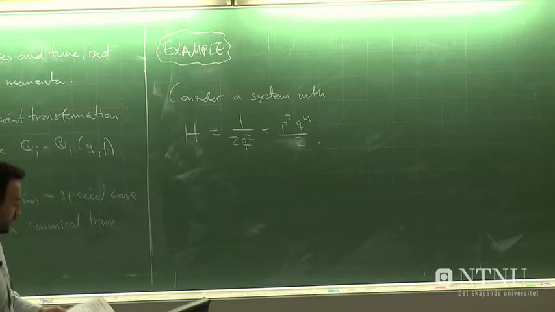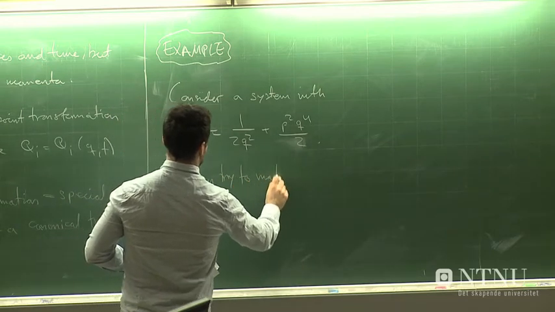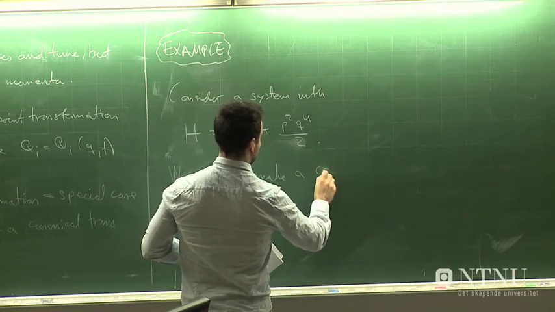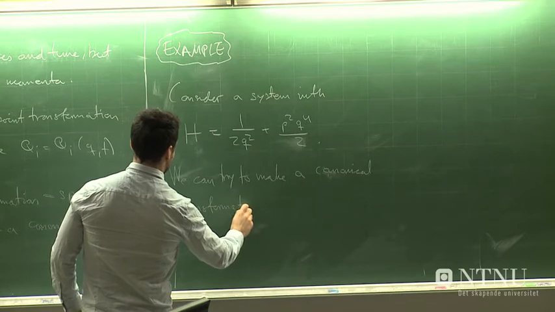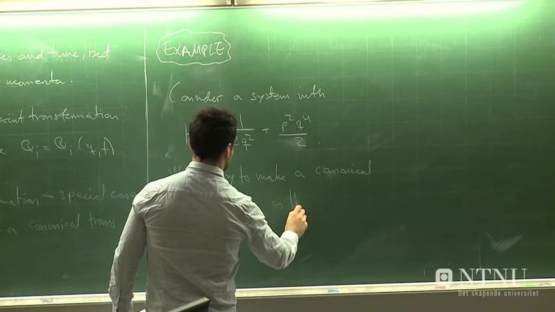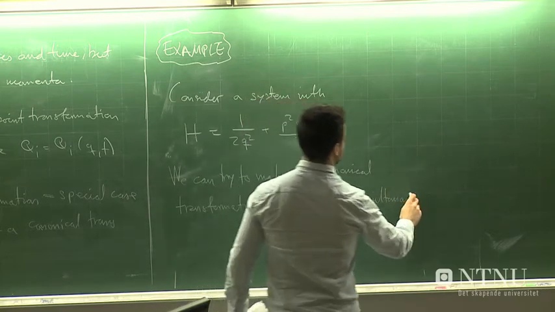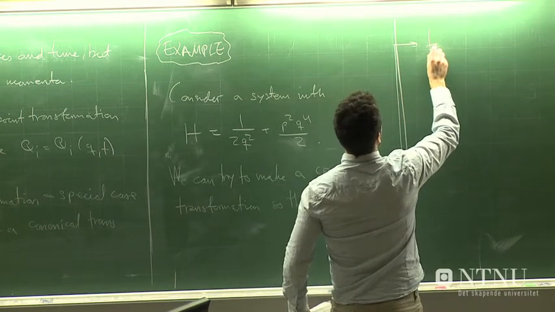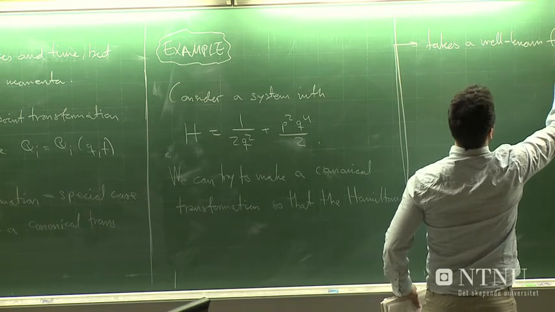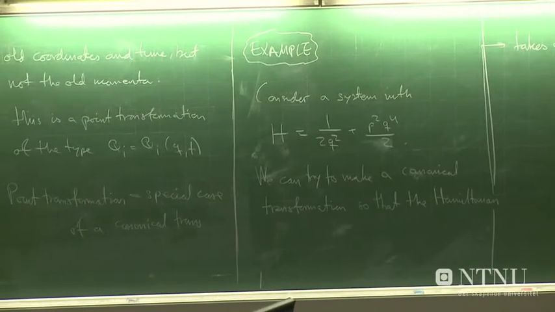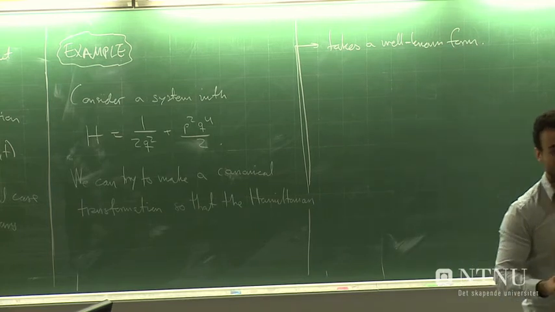However, we can try to make a canonical transformation to a new set of coordinates so that the Hamiltonian in this new set of coordinates takes on a well-known form which we are familiar with.